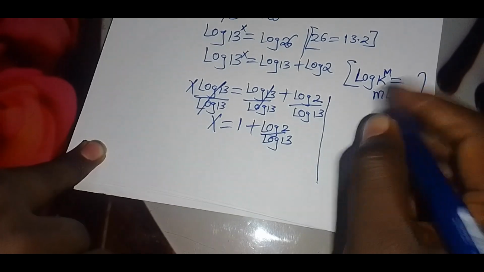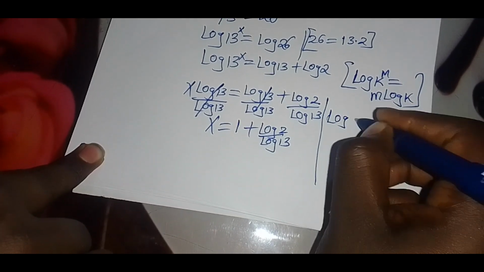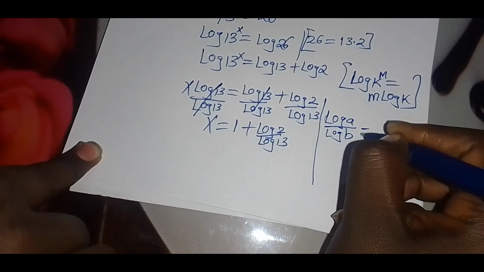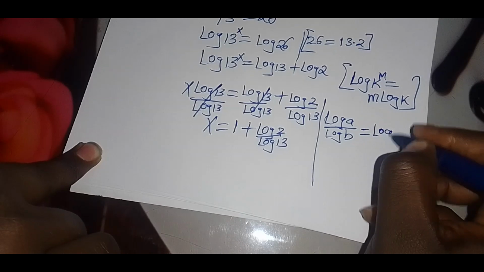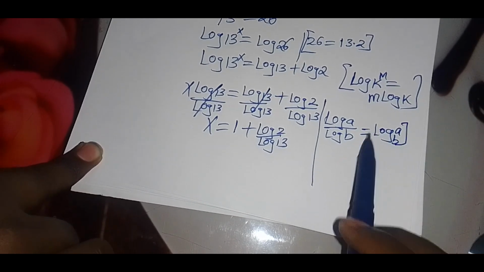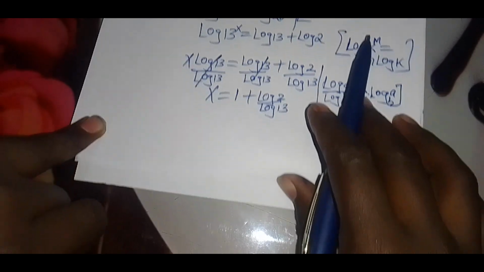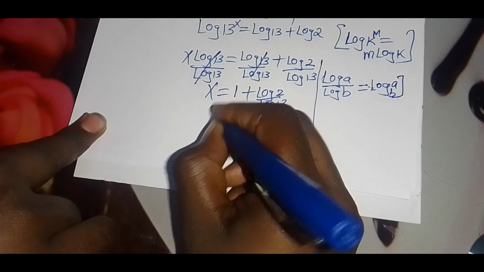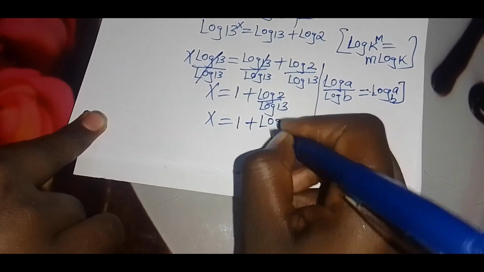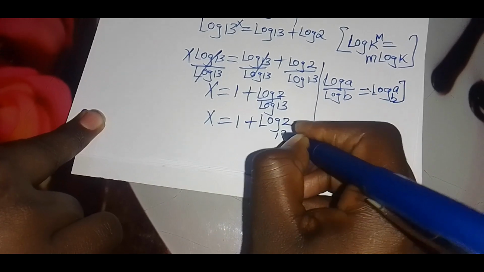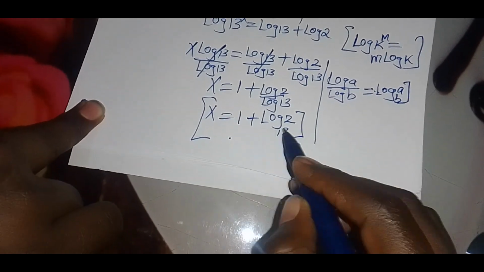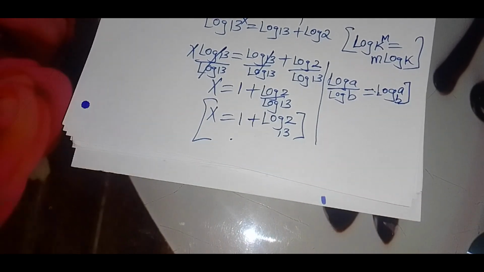Okay, remember that if you have log a divided by log b, this is equal to log a to base b. Okay, so let's apply this property, so that we're going to have x is equal to 1 plus log 2 to base 13. Okay.